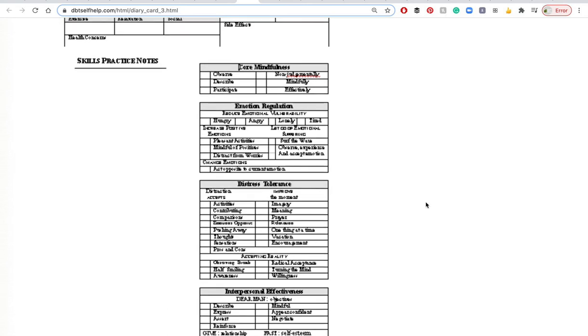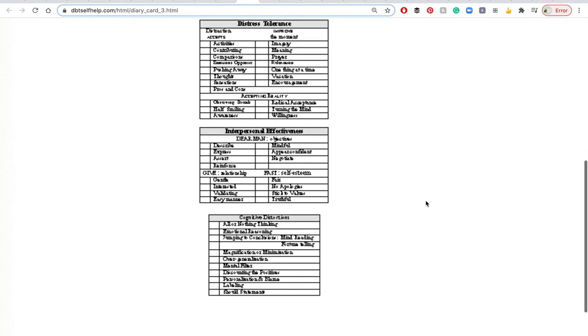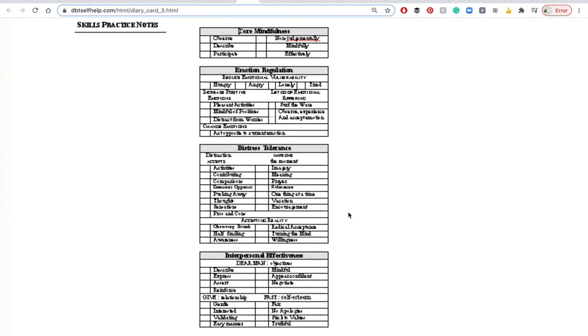What I do like about this diary card, not that I don't like it, I think it's a little complex at times, is it goes through the skills. So these are the core mindfulness skills, emotion regulation skills. It lists every single skill, which I think is really good, including the acronyms. This, as an example, is IMPROVE, in case it's hard to see.